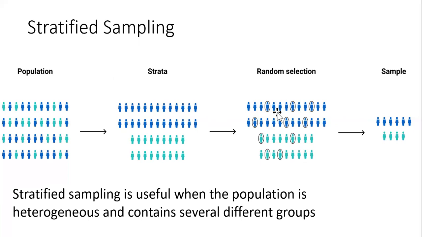The blue group is larger, so we have more people selected from that group, and the green group is smaller, so we have fewer people selected from that group. We call this type of population that's naturally divided into groups heterogeneous.